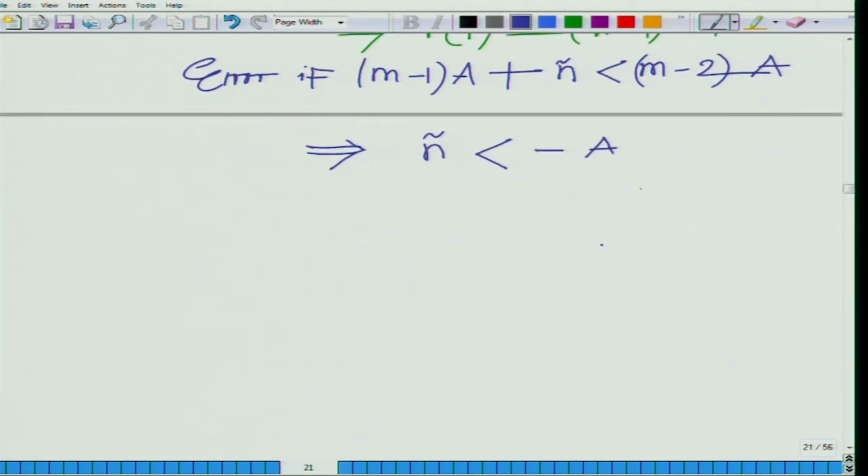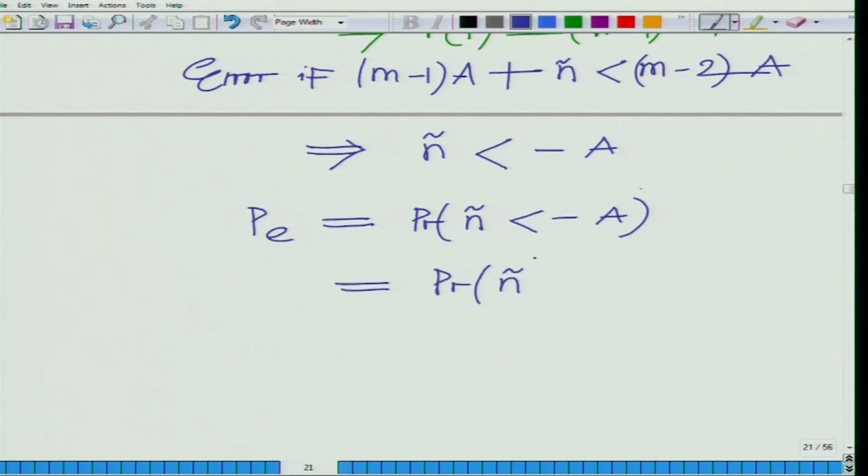And therefore the probability of error for this end point is the probability that n tilde is less than minus a, which, because n tilde is symmetric zero mean Gaussian noise, by symmetry is equal to the probability that n tilde is greater than a.